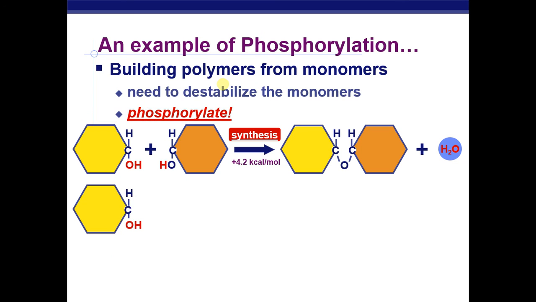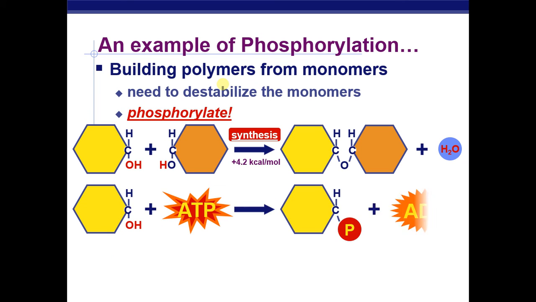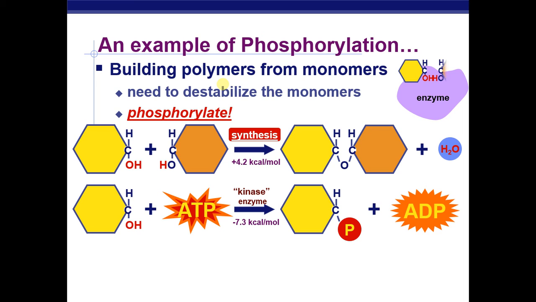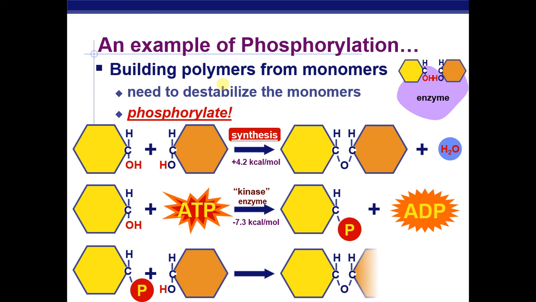So what we're actually going to do is we have an enzyme that will utilize ATP to phosphorylate both of the monosaccharides so that the energy is present for them to be able to come together to form a disaccharide. So it's more complex than just two monosaccharides and water and we spontaneously make this.